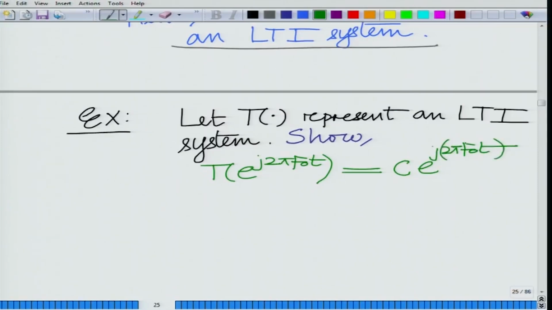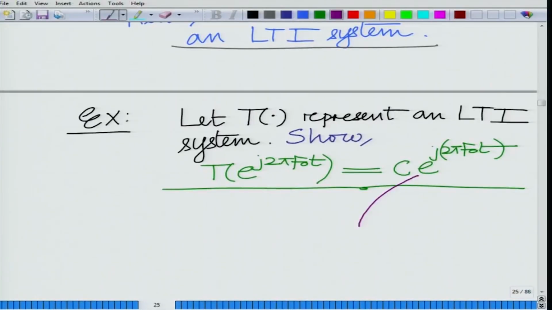This is a very interesting property: if you consider an LTI system and the input is a complex sinusoid, the output is also a complex sinusoid, simply scaled by another constant c.